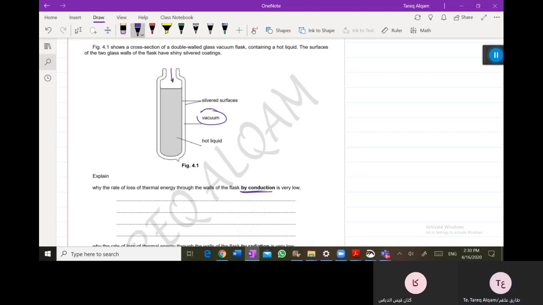Okay. Inside this cavity between these two double wall glass there are no molecules for the heat to be transferred, right? No molecules for the heat to be transferred. Vacuum is a poor conductor, an insulator.